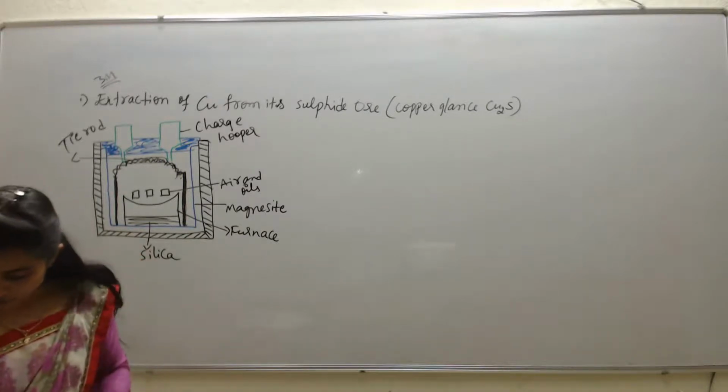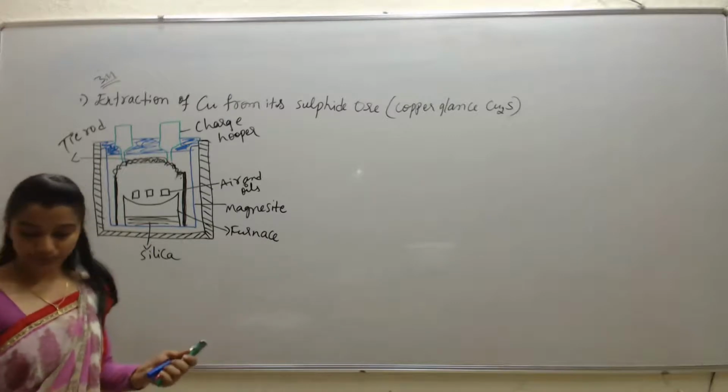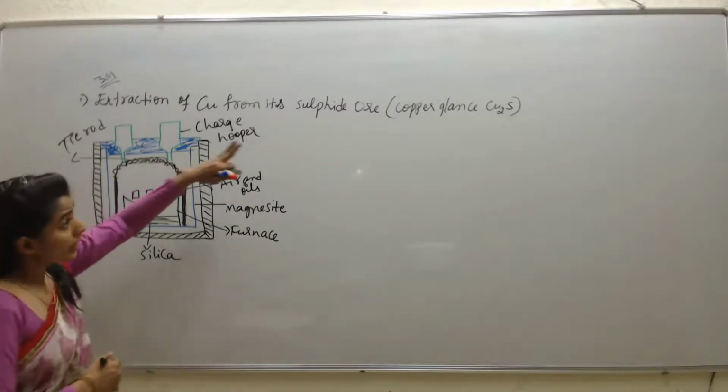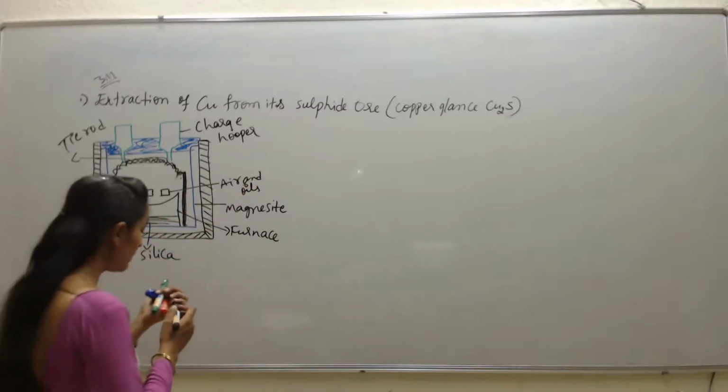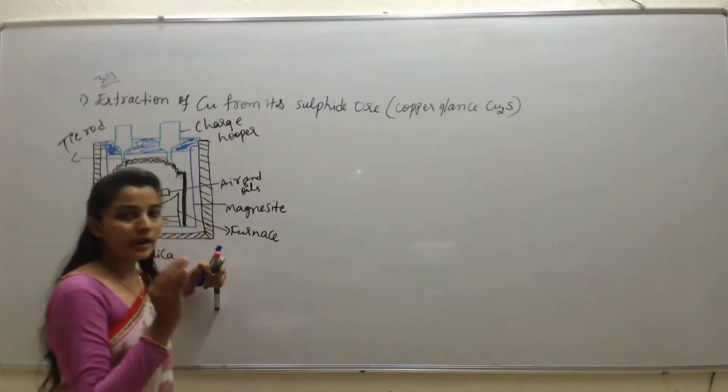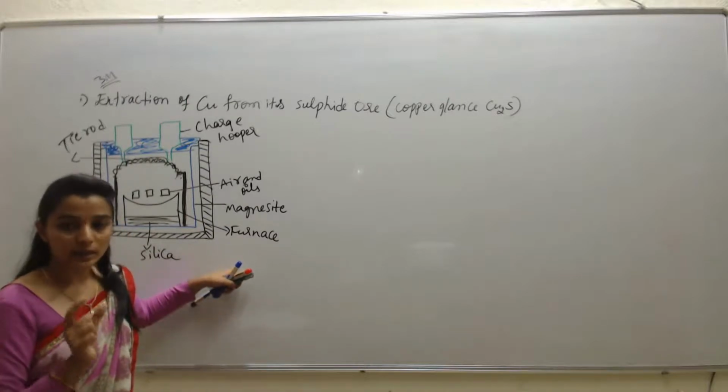Okay, so this is all about the extraction of copper from a sulfide ore. So students, here what happens means, listen, I told you we are considering Cu2S. So here the principle involved is, last class we discussed the Ellingham diagram.